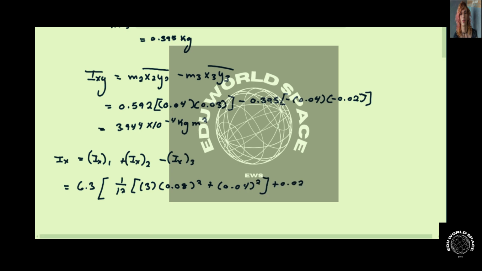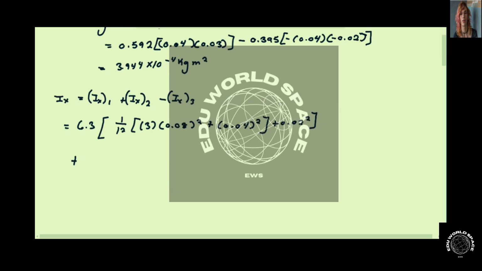Plus, because we'll just do the Ix, the second one, Ix2: 0.592, 1 over 12, 3, 0.02 squared, plus 0.006 squared, plus 0.03 squared.